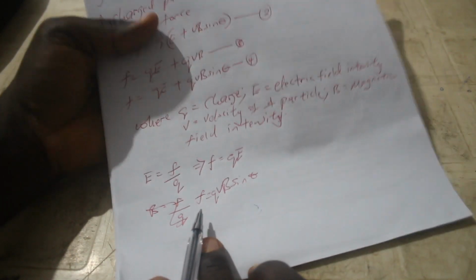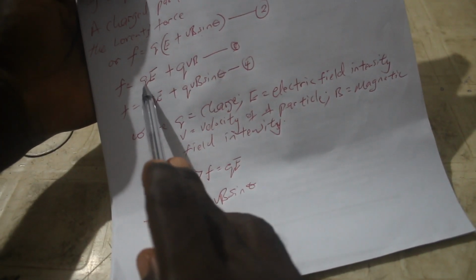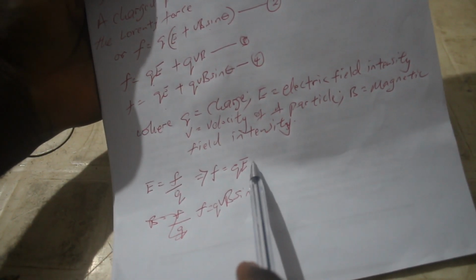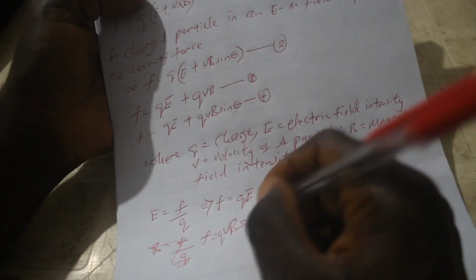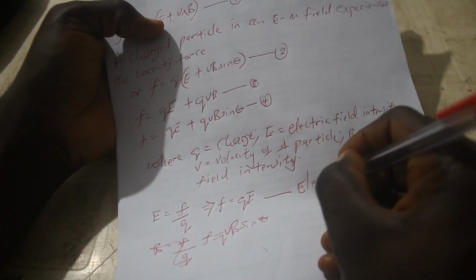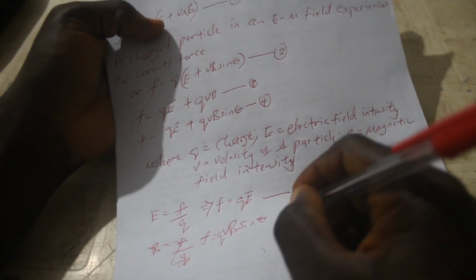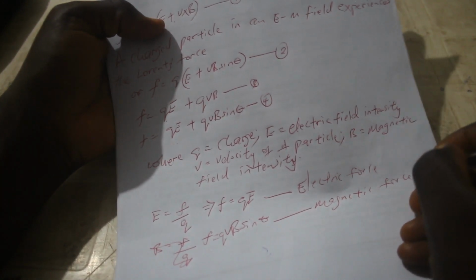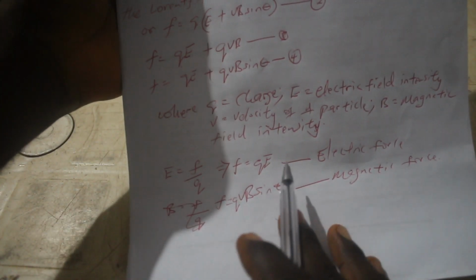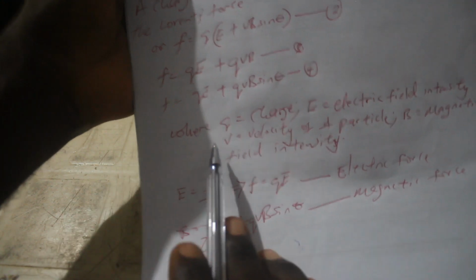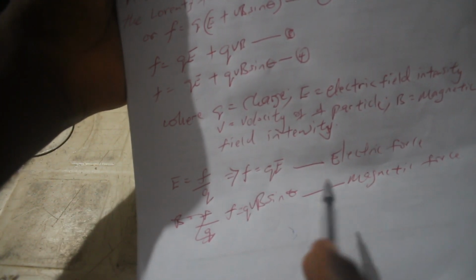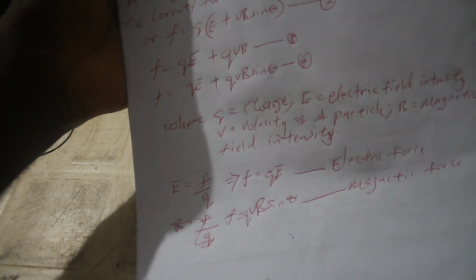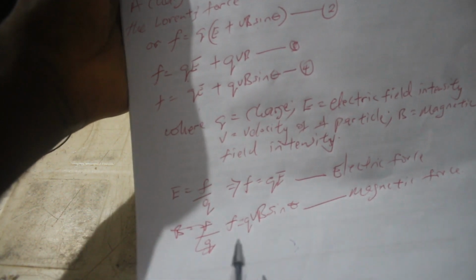You can see that the equation that we have here is just a combination of both the electric force and the magnetic force. Of course, this one is the electric force, and this one is the magnetic force. So a charge in an electromagnetic field experiences both. It experiences a force which is given as the electric force plus the magnetic force, and that's what you have here.